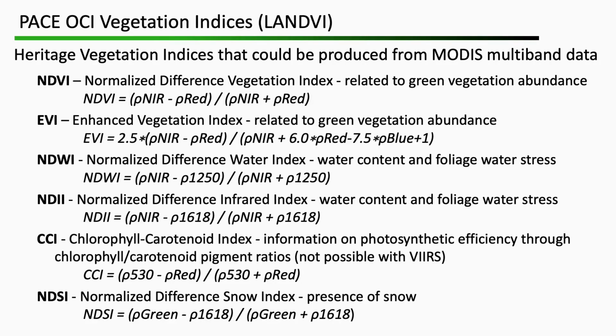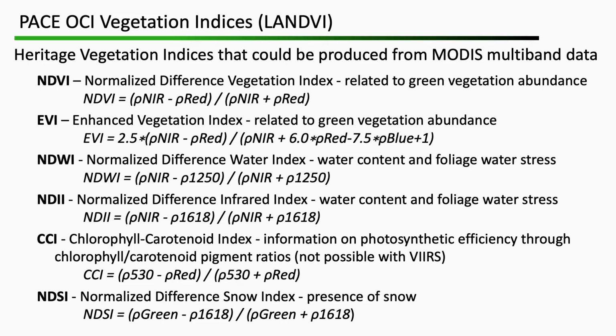In addition to the spectral reflectance, PACE also provides a vegetation index product. 10 vegetation indices are calculated in the LandVI product. These include NDVI and EVI, which are the traditional greenness indices related to green leaf area, and these are continuations of the indices that are available from MODIS.